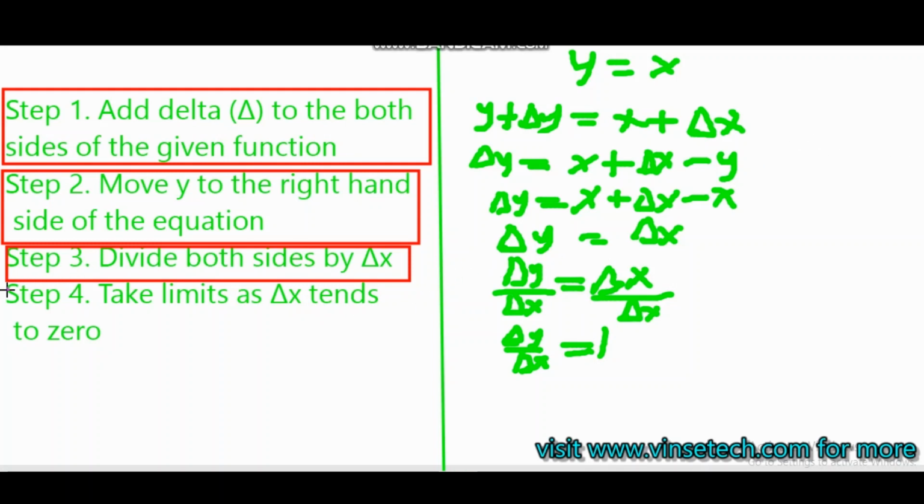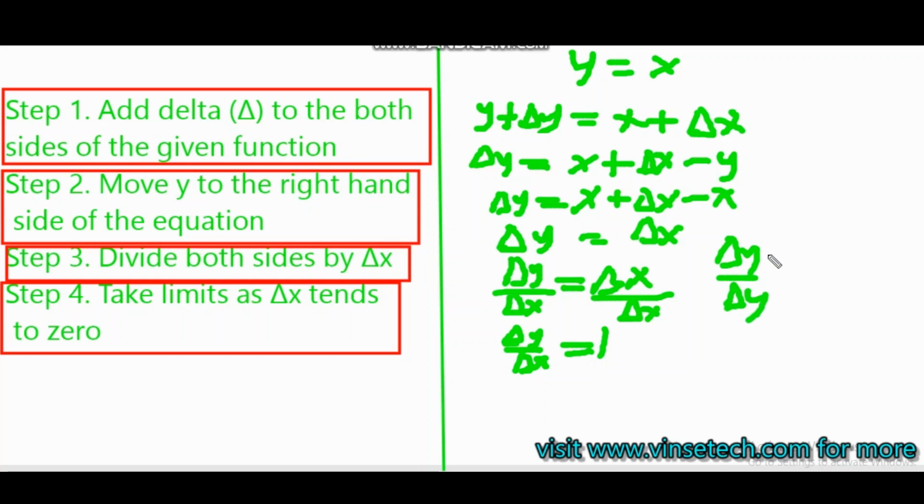So the last and final step says we should take the limit as delta x tends to 0. One thing I want you to note is that whenever you take the limit of a function, this change in y all over change in x will automatically be converted to dy all over dx.